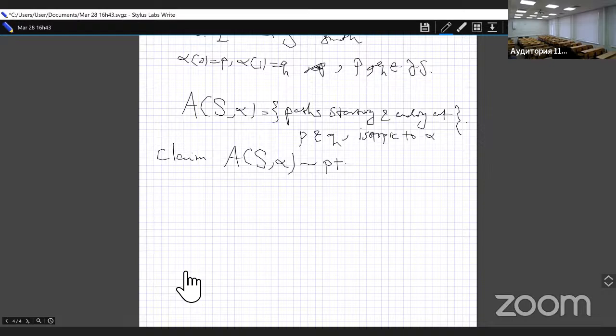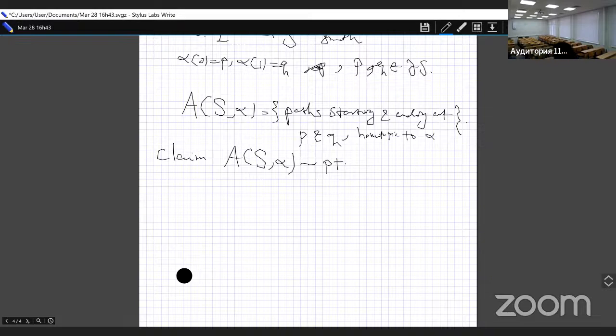Okay, is alpha allowed to have self-intersections? Maybe we can consider it as homotopic, but let's assume there are none for a moment.